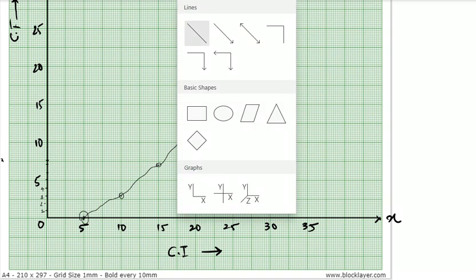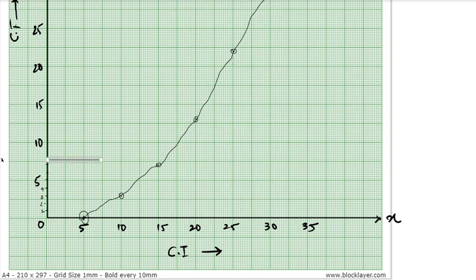I have to draw a straight line from here, select it, extend it, okay, one more line.